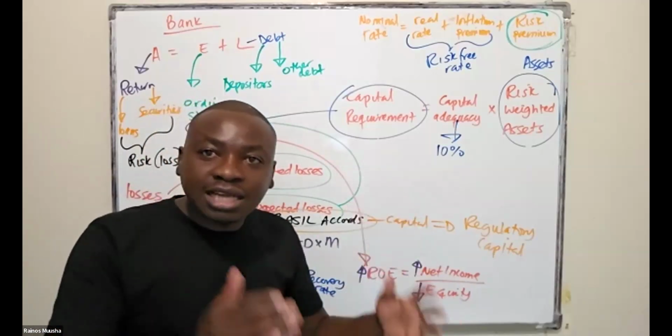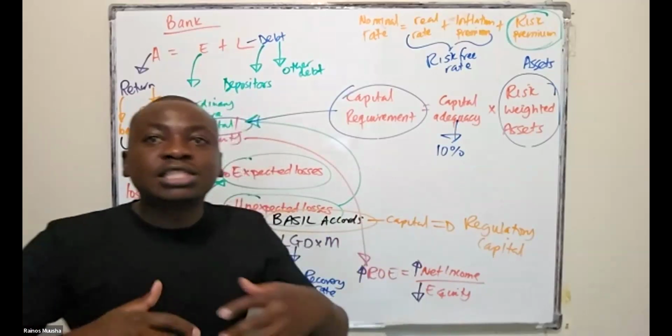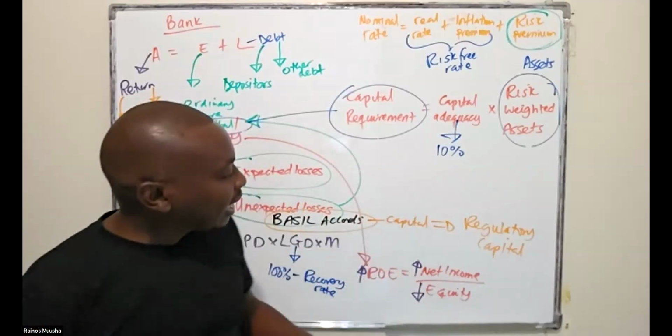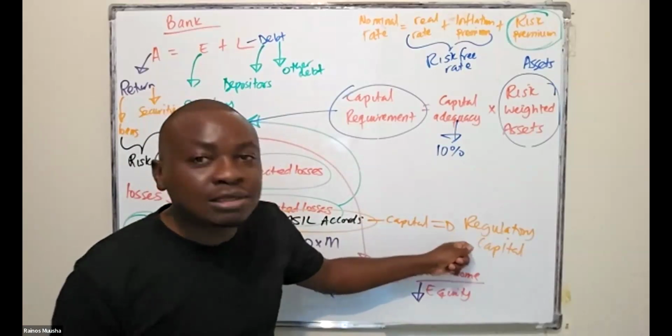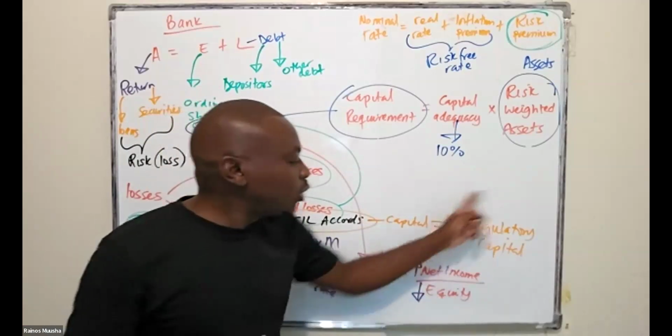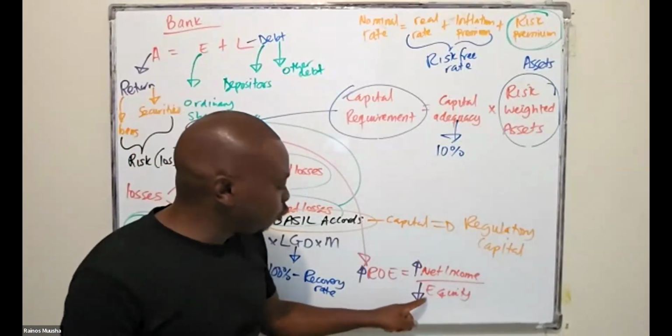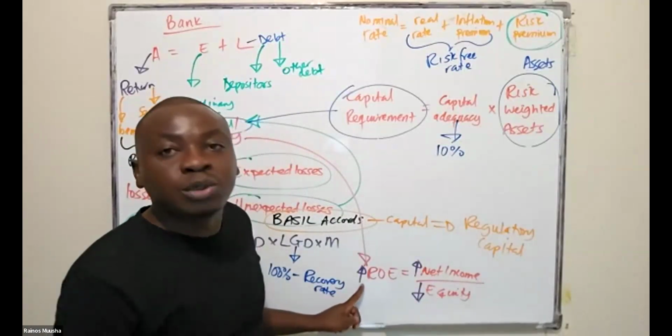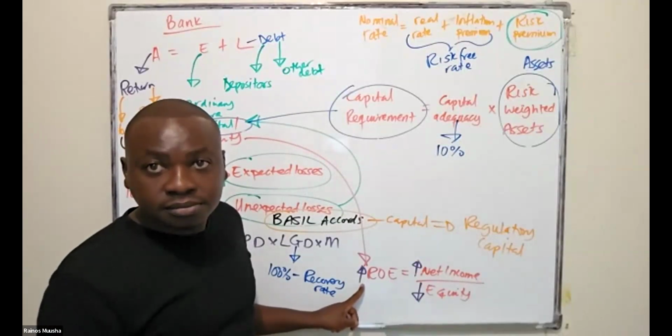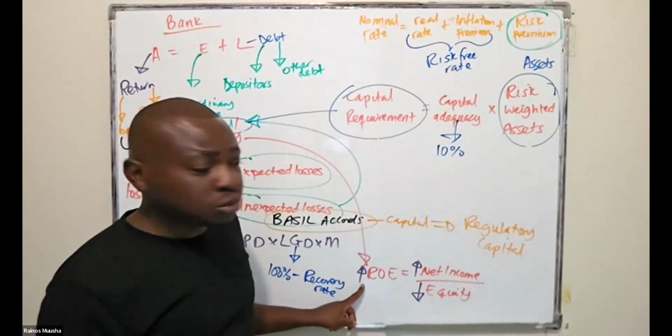The banks are trying to move towards deregulation. Why? Because they don't want to be limited on their activities by having too much equity. Because if they have too much equity, their return on equity, which is their profitability, goes down.